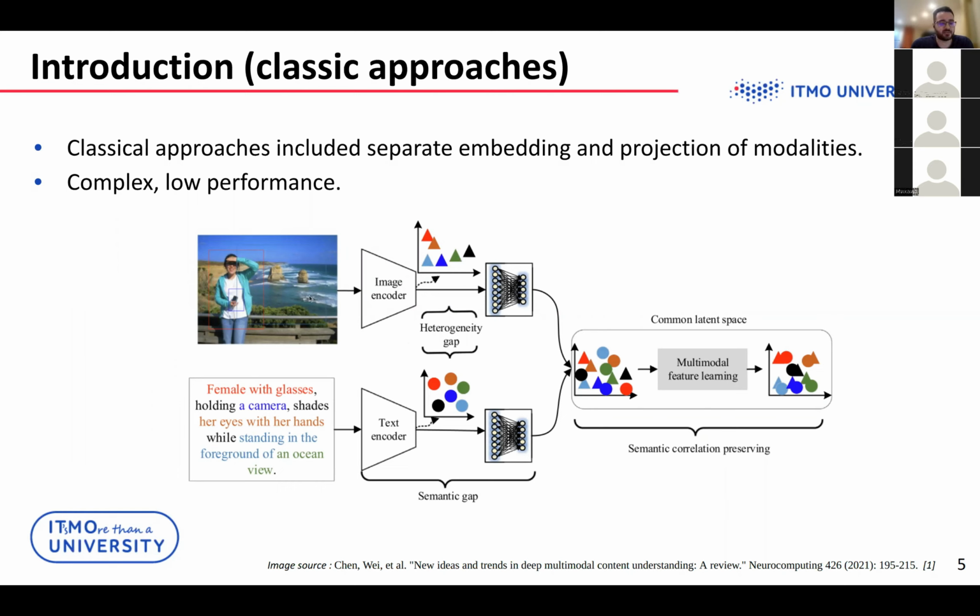So let's create a representation for each modality separately, and then maybe we can try to find some kind of matching or similarity or distance between these representations. As you can see in the image, we would pass the image through an image encoder, and then we had a separate encoder for the text, and then maybe a neural network to try to find matching between these two different spaces.